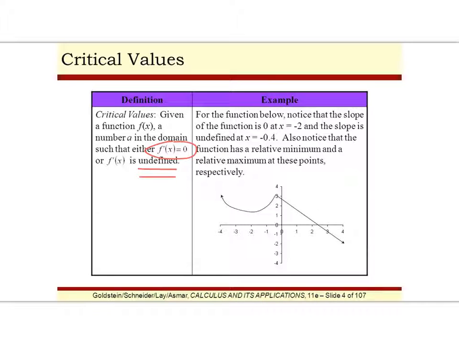So if I'm looking at this graph, it looks like a local min right here. Right here, even though the graph is continuous, it's not really because it's making that cusp. That would be undefined. So this says I would have two different values that would be critical values, when x is -2 and when x is just a little bit less, so at about -0.4.